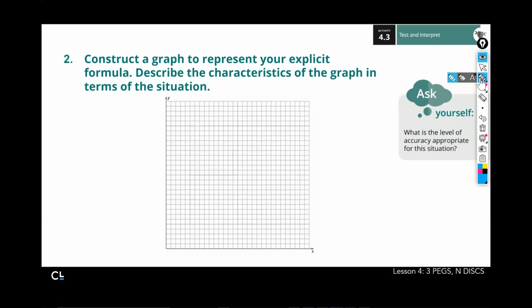So our explicit formula is m to the nth equals 2 to the nth power minus 1. So if you notice, this is exponential. So we're going to show an exponential graph. I'm going to say that this bottom goes by ones, 1, 2, 3, 4, 5, and I should say my x-axis.